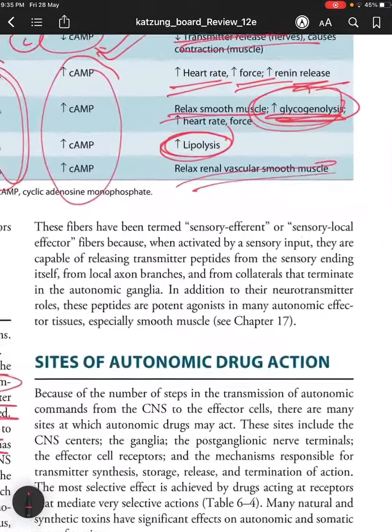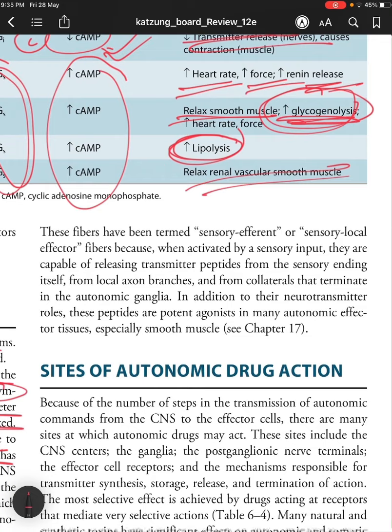Other noradrenergic non-cholinergic fibers have the anatomical characteristics of sensory fibers and contain peptides such as substance P that are stored in and released from the fiber terminals. These fibers have been termed sensory efferent or sensory local effector fibers because when activated by a sensory input, they are capable of releasing transmitter peptides from the sensory ending itself, from local axon branches and from collaterals that terminate in the autonomic ganglia.